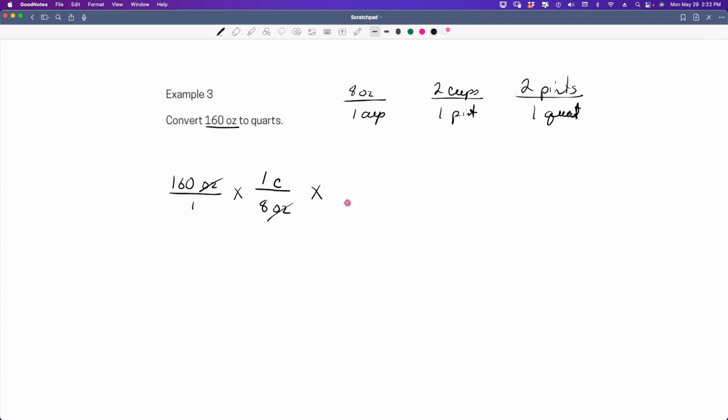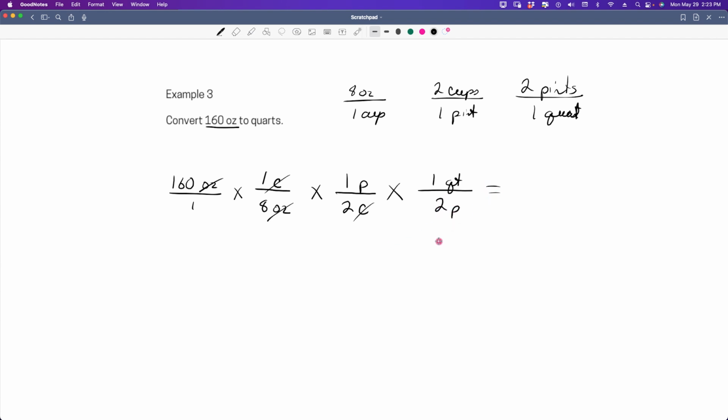Now I am going to go from cups to pints. Now since cups is in the top, I need to put cups in the bottom. So 2 cups is the same as 1 pint. And now that cancels my cups. Now I'm in pints. So now I need to go from pints to quarts. So I'm going to put 1 quart is the same as 2 pints.